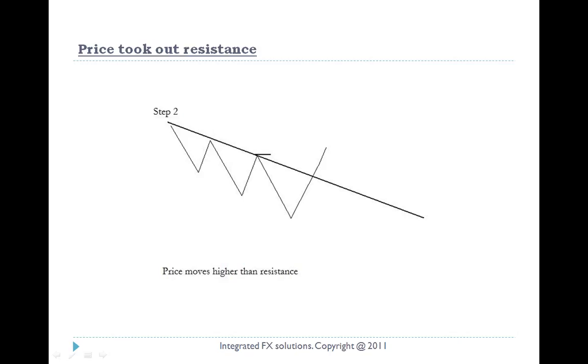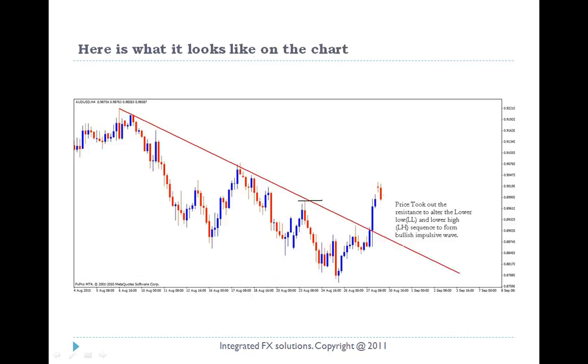So price is telling a good trader that there is a possible trend reversal. Here is what it looks like on the chart. We can see how price took out the resistance on the chart.